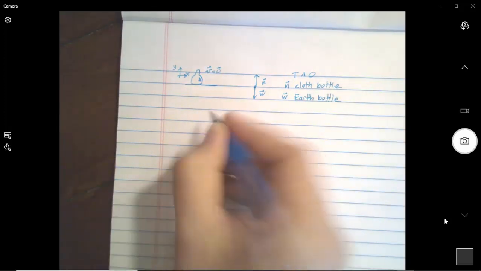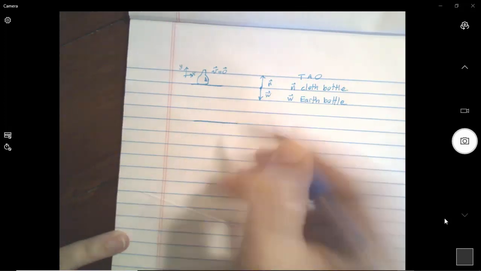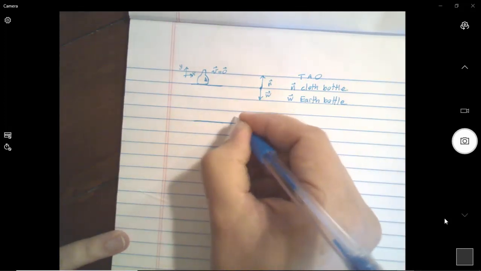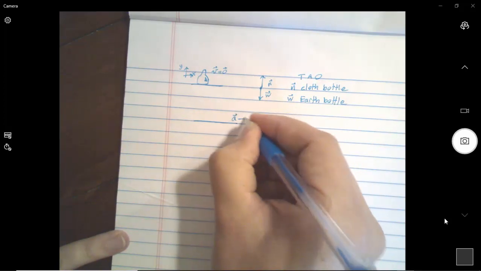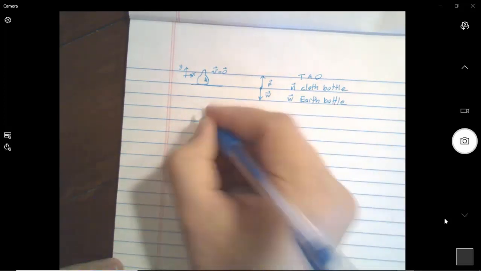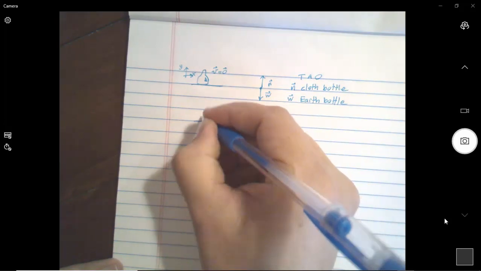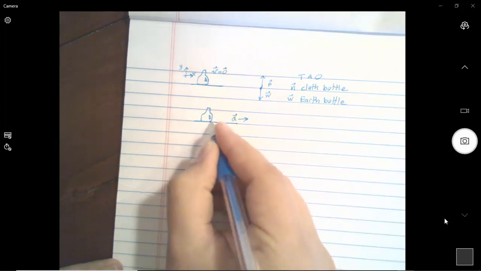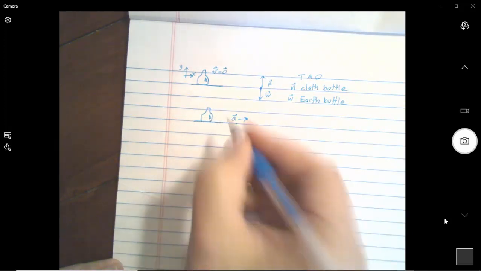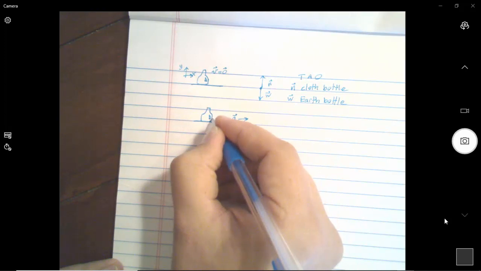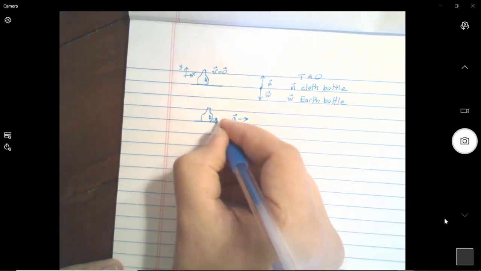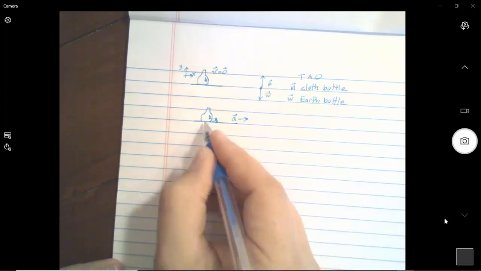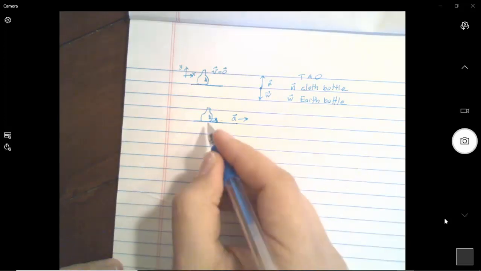In the next phase of motion, we begin pulling on the cloth. So we have an acceleration pointing this way as we begin to move the bottle. But the bottle is moving along with the cloth, right? So both the cloth and the bottle move at the same rate. Since there's no sliding between the bottle and the cloth, what kind of friction do we have?